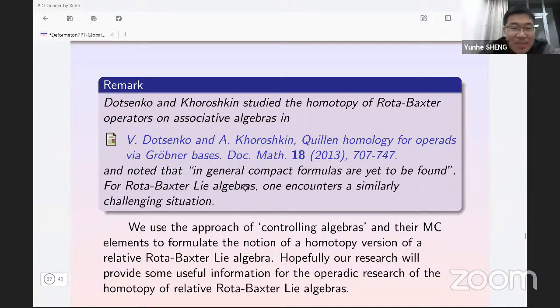Here maybe I cannot say more, but I can tell you that for Rota-Baxter algebras, it is not a quadratic operator because there is a unary operation T from V to G. So the usual approach to study homotopy of algebras using the operator approach does not work. Dotsenko and his collaborators tried to study the homotopy of Rota-Baxter operators using the operadic approach, but it is very difficult to find the explicit formula.